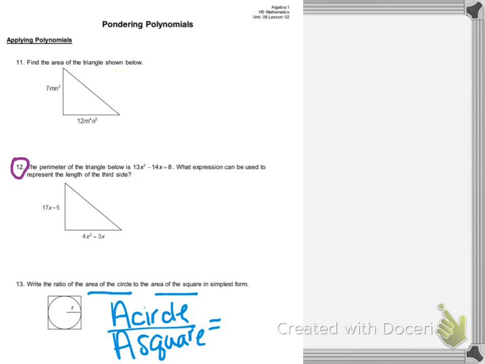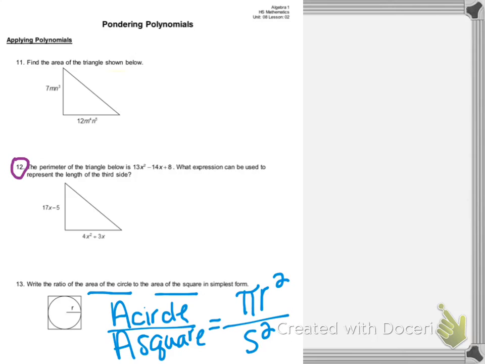So how do you find the area of a circle? Well, it's pi r squared, and the area of a square is, you could do length times width, or you could do s squared. However you want to do it.